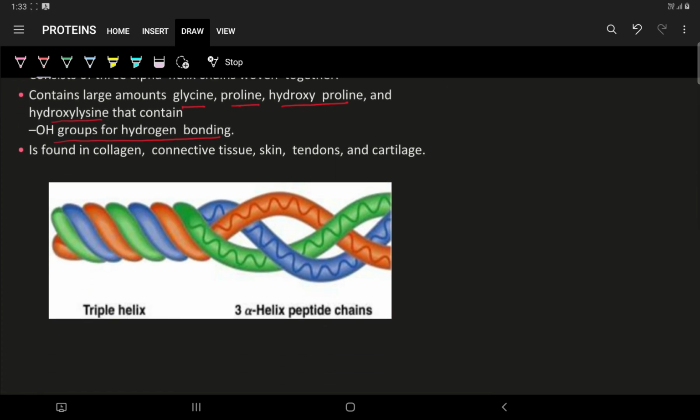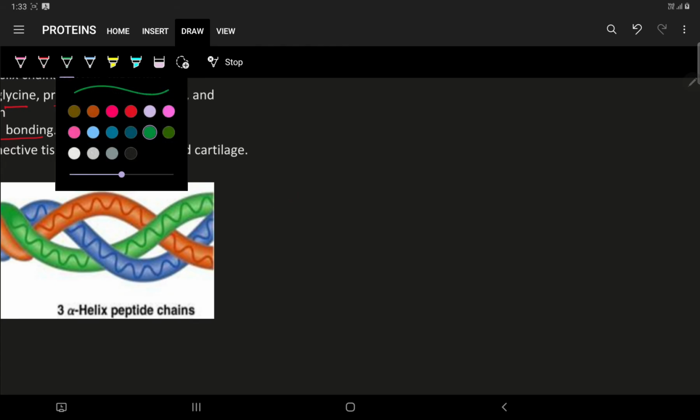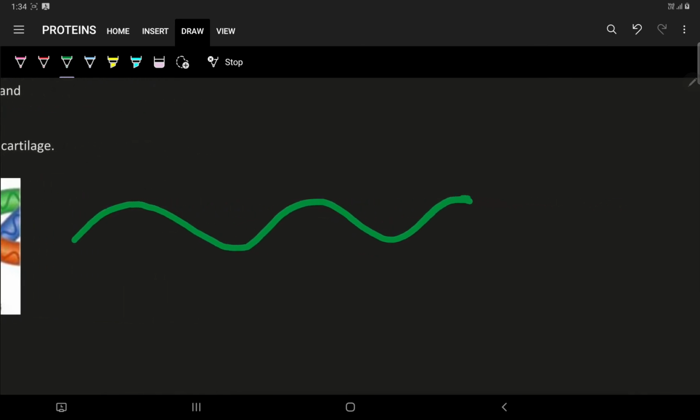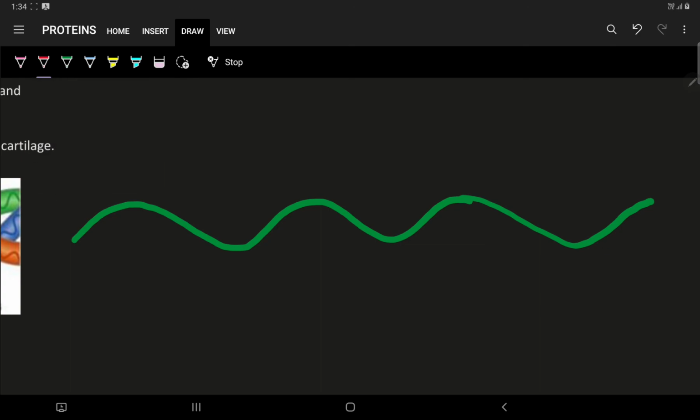Now this is the representation of a triple helix structure. See here how a triple helix structure is represented. We can simply draw them with three different kinds of colors. Now this is the representation of one polypeptide chain. The next will be the representation for another polypeptide chain, see here.